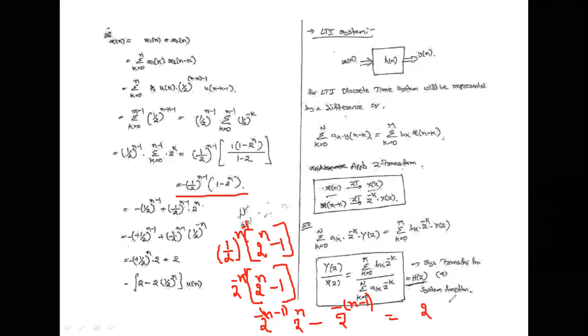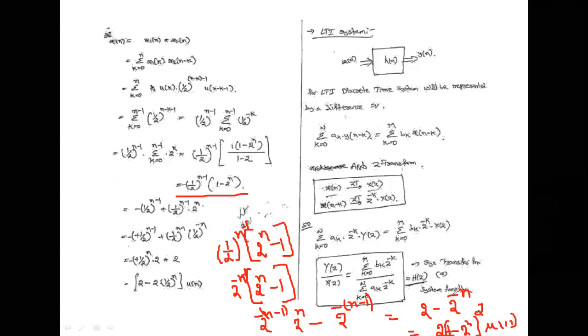And the second term is minus 2^(-n). That is equal to 2 into (1 minus 2^(-n)) into mu of n.